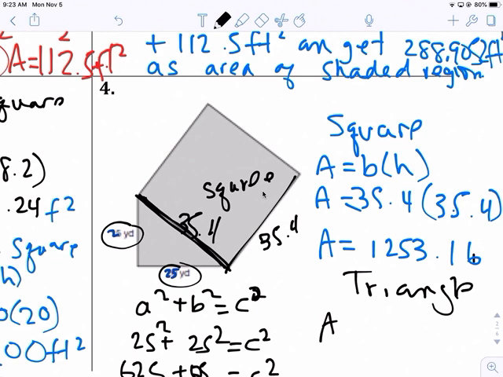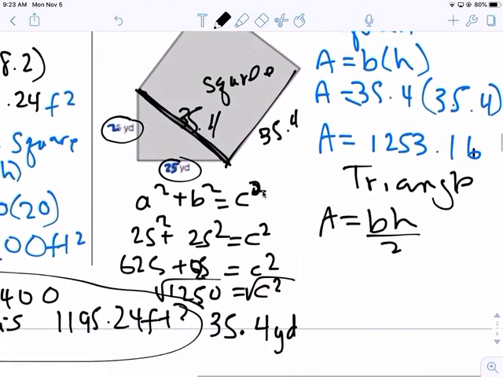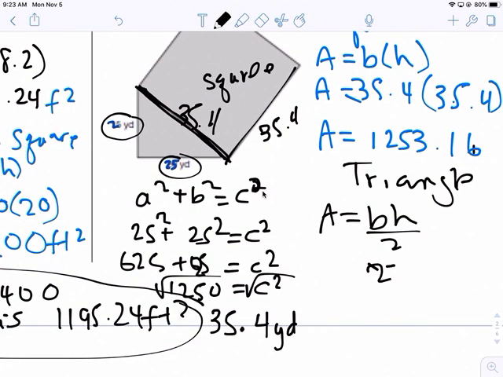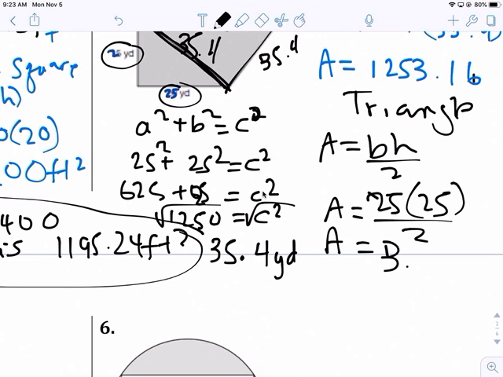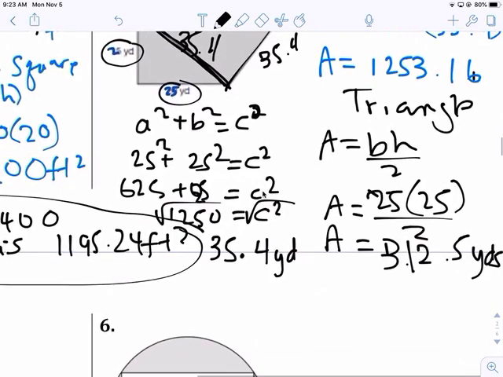Area of the triangle is base times height divided by 2. So 25 times 25 divided by 2. You get area is 312.5 yards squared. Put yards squared here.